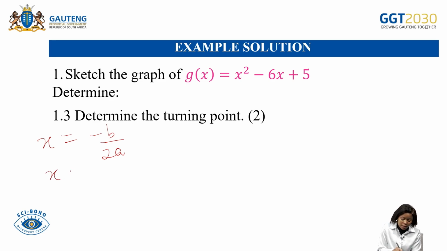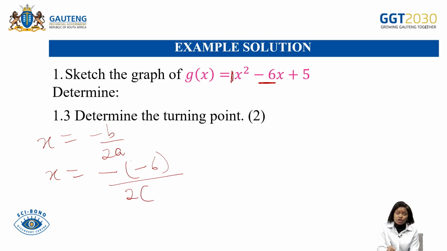Then x equals to negative, the b is going to be that coefficient of x, which is negative 6, all over 2, and your a is going to be that coefficient of x squared, which is 1, and then your x will be equals to negative times negative is going to give you a positive 6, all over 2 times 1, you'll get a 2, then your x equals to 3.